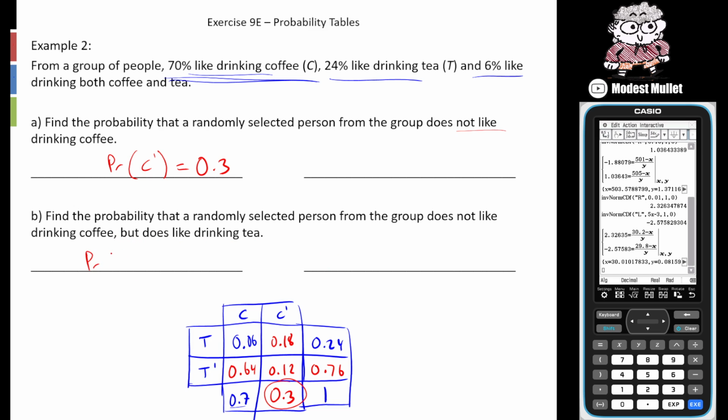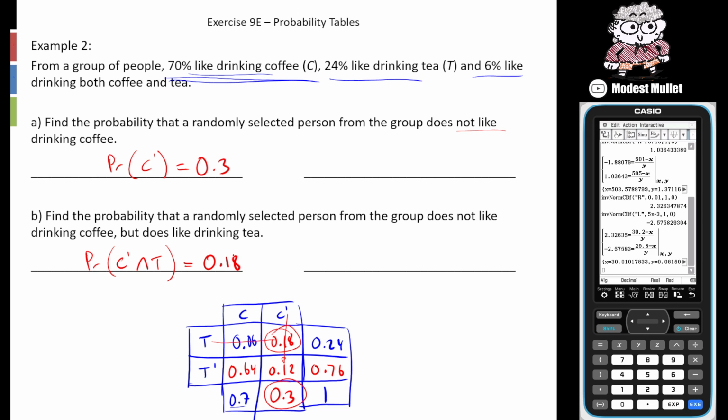So we want to find the probability that they don't like drinking coffee, but they also have to like drinking tea. Okay, so C dash intersect T. So C dash, coming down here, intersect T. There we go, 0.18. Done.